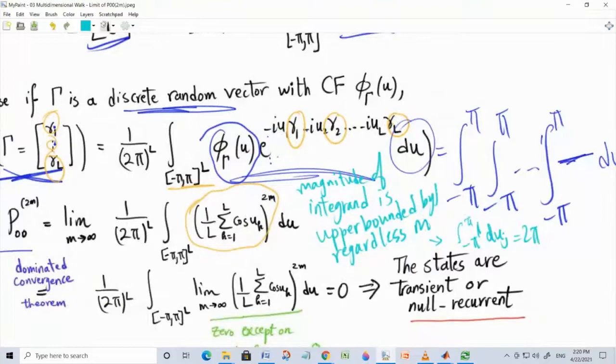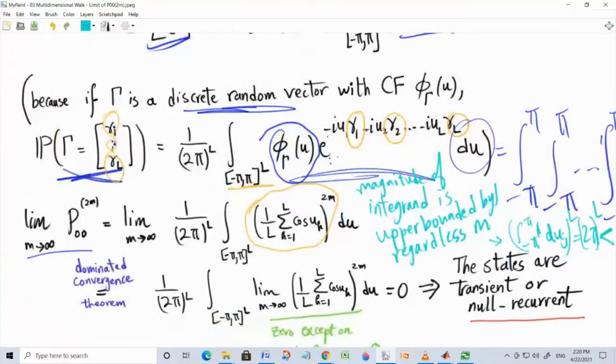You will get 2 pi raised to the power L, and the point is that this is a finite number. So we can actually apply the dominated convergence theorem and move this limit inside.